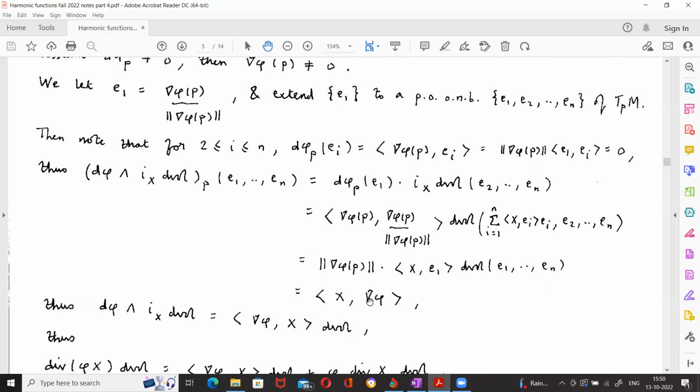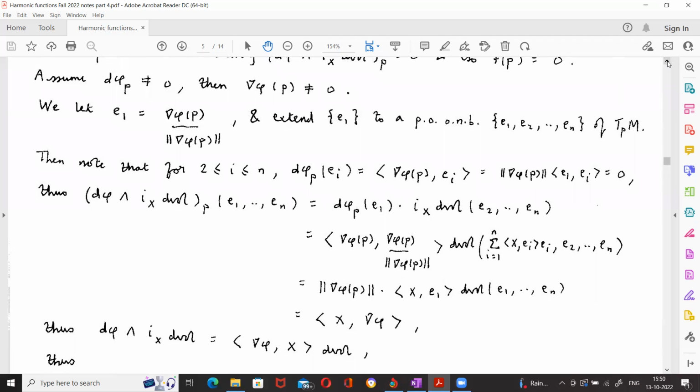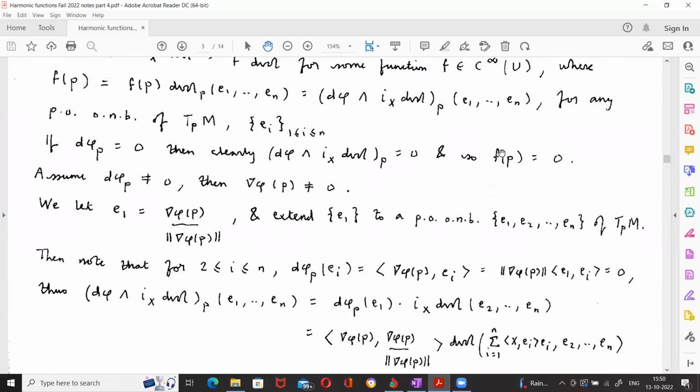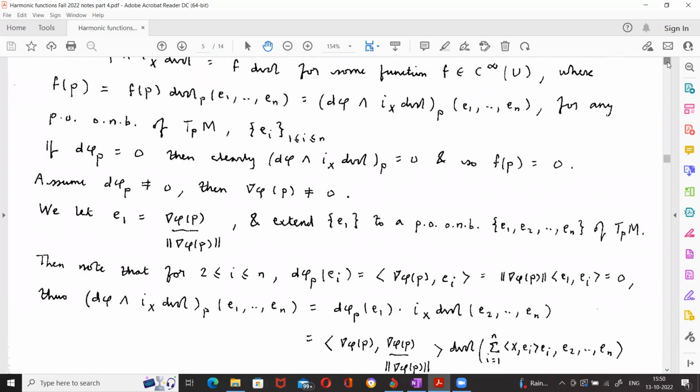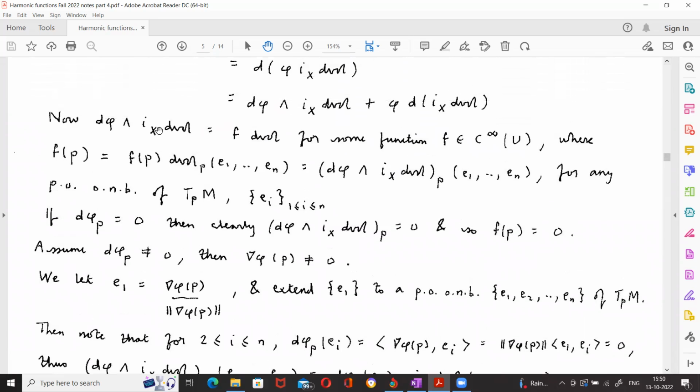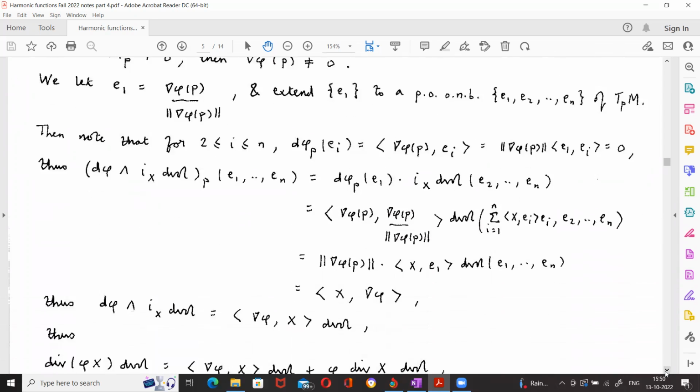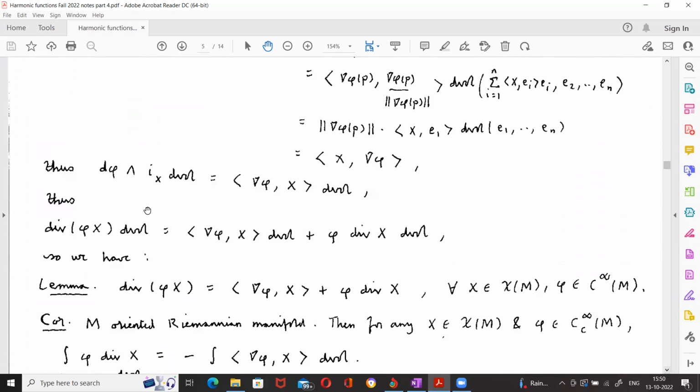Okay. Is this clear? Okay, so therefore my coefficient F, where I was writing d phi wedge Ix dvol as F times dvol, turns out to be just the inner product of X with grad phi. So I get d phi wedge Ix dvol equal to inner product grad phi with X into dvol.